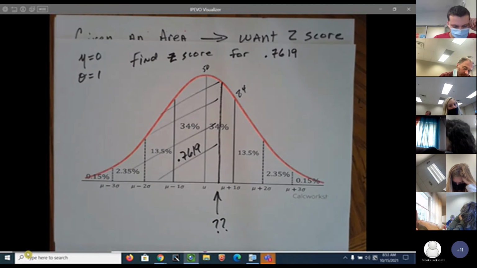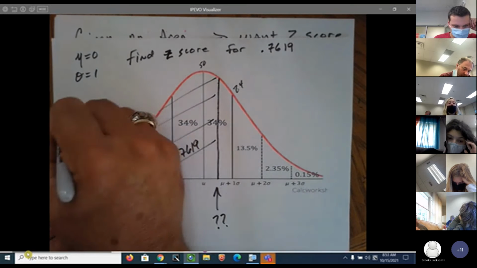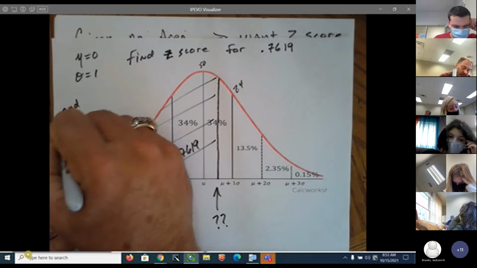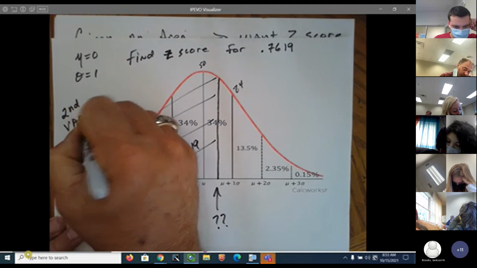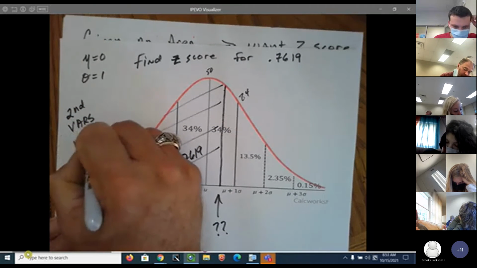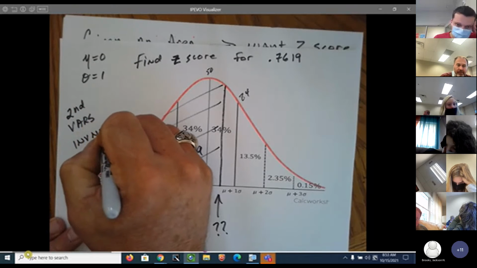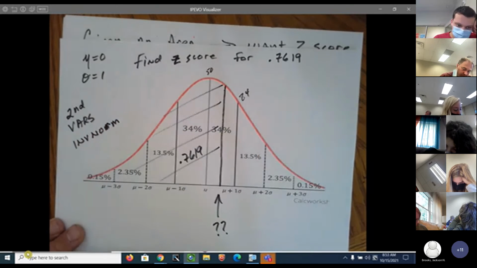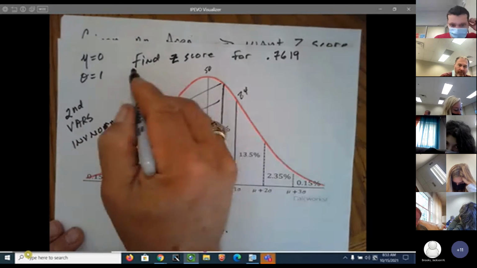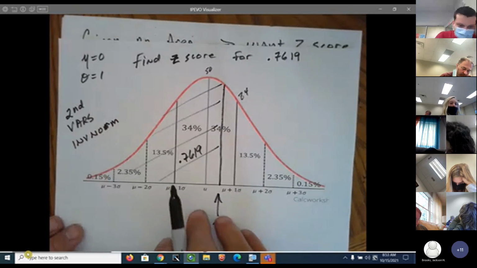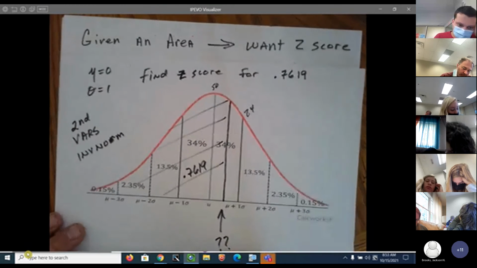So what do we do? Well, the calculator will do it for you. Second, vars, inverse norm. This is when you need to find a z-score and you're given an area.